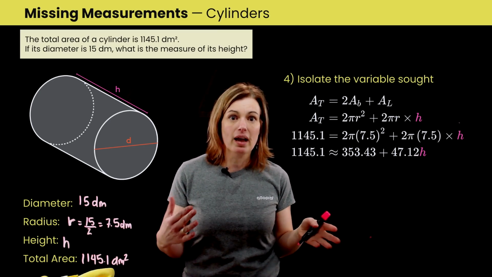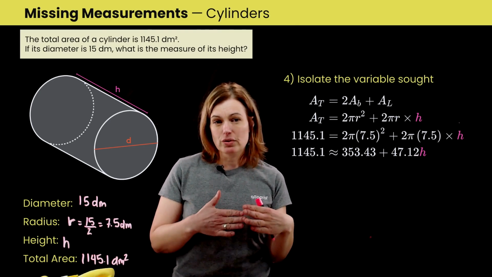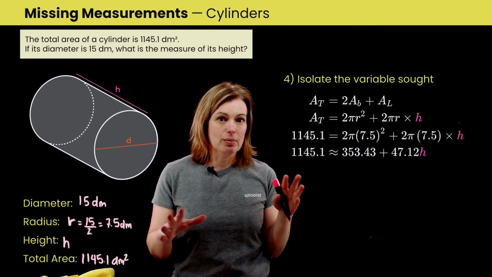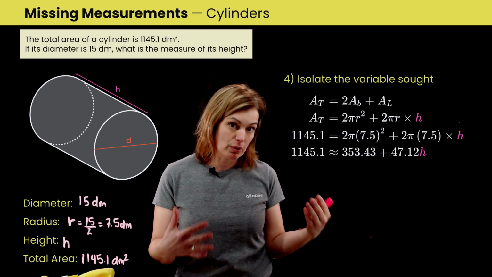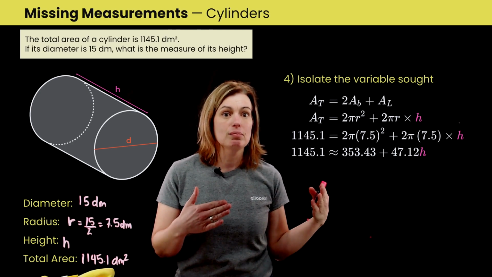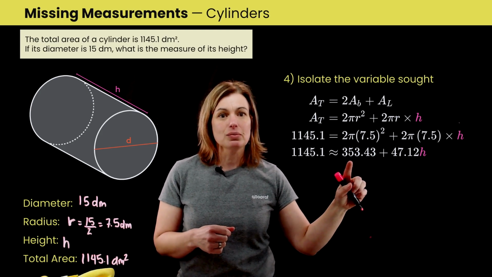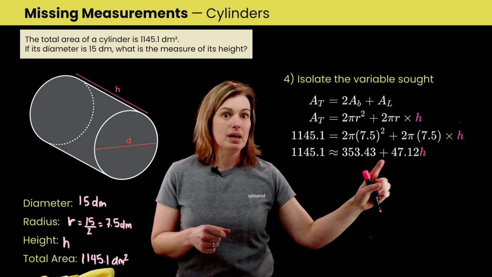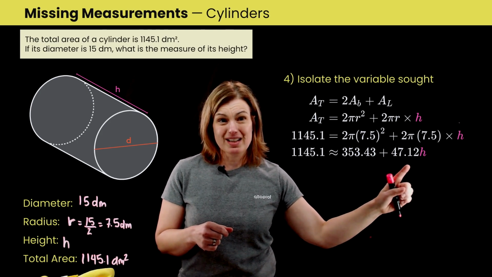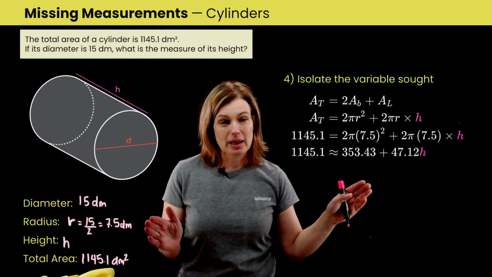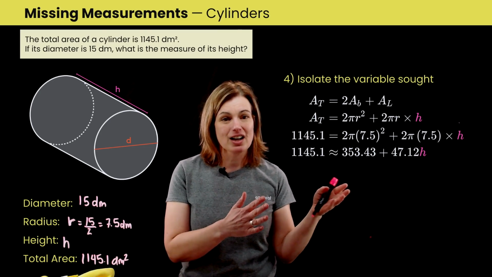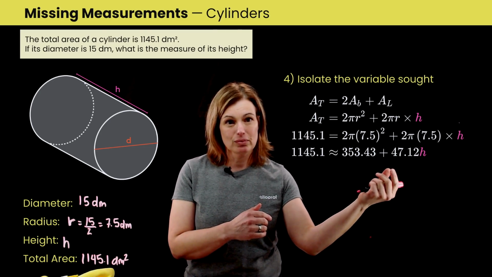So in all, we have 1,145.1 is approximately 353.43 plus 47.12 times h. Because 353.43 and 47.12h are not like terms, we cannot actually do anything else on that right-hand side, okay?